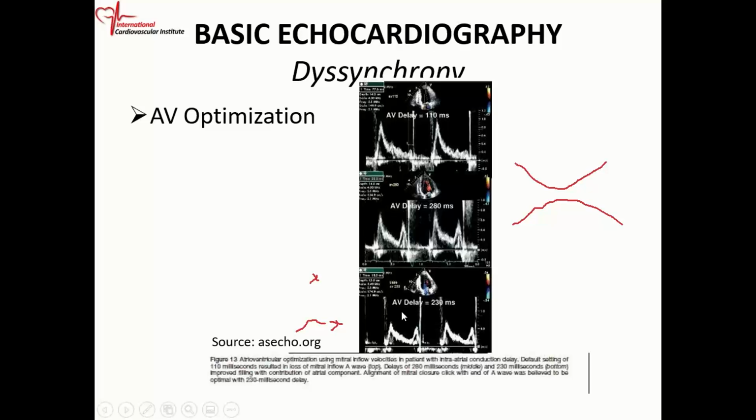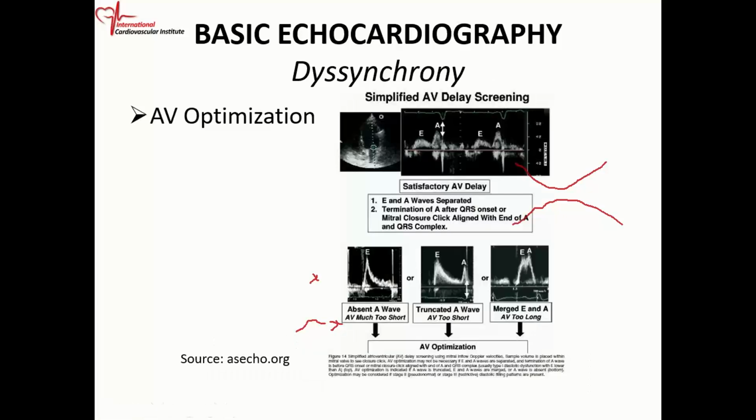You don't want something looking like this, where the A looks truncated because it's now going outside of diastole, and then you don't want something looking like this. So you want to make sure you adjust it just right. We talk about AV optimization.